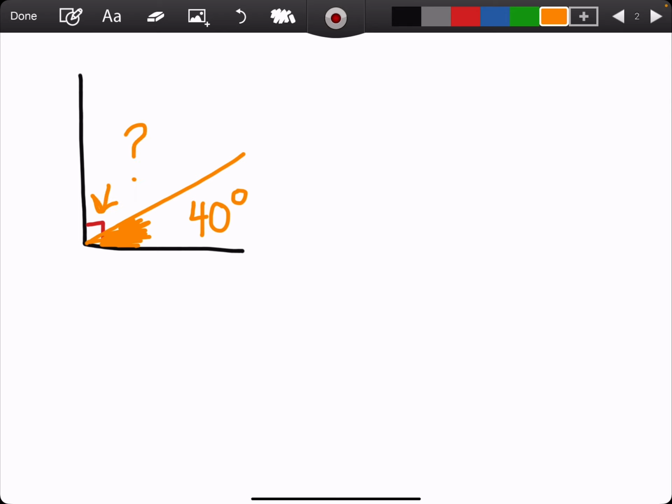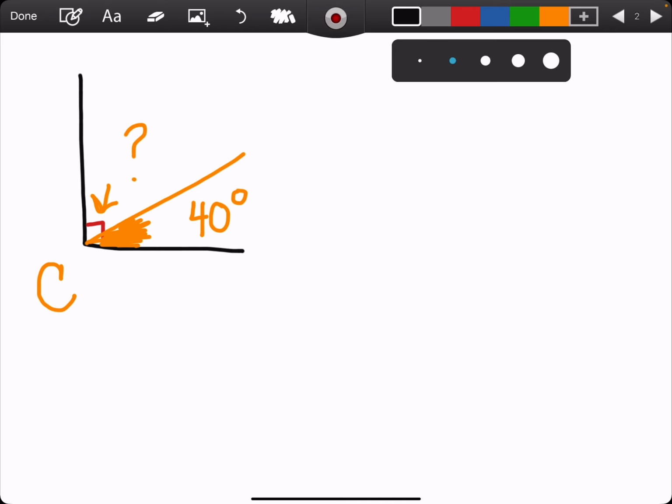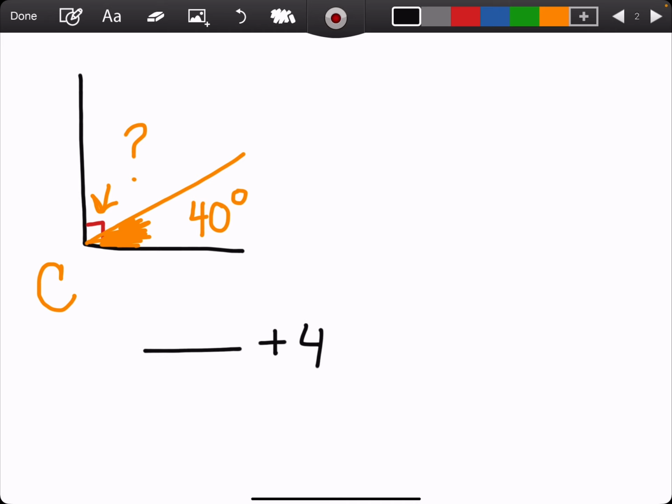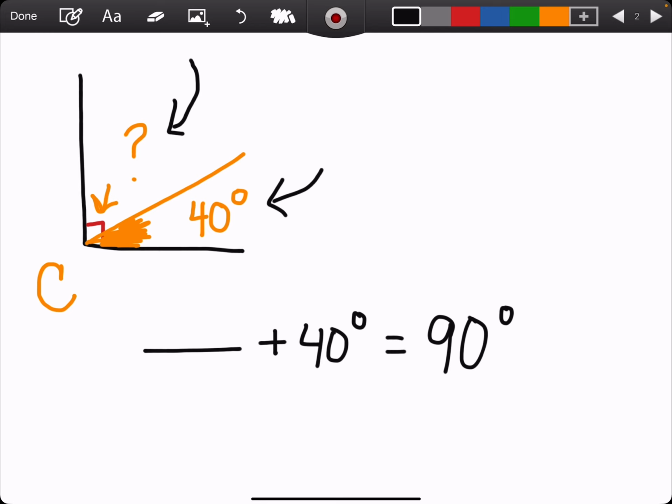What angle would be in there? Well, we know this is a complementary angle because together it forms a right angle. So I could put a C for a complementary angle. So what I'm saying is, blank plus the 40 degrees equals 90 degrees. Okay, so it's what angle plus the 40 degree angle is going to equal the 90 degree right angle.